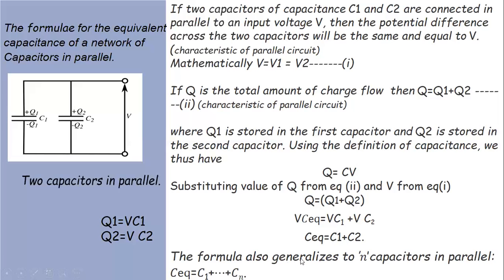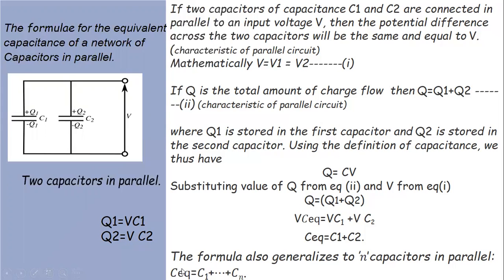So we have the equation for the equivalent capacitance when they are connected in parallel: equivalent capacitance equals C1 plus C2. We derived this formula for two capacitors in parallel. It can be generalized up to any number of capacitors, say n, so this formula holds for as many capacitors as are connected in parallel.